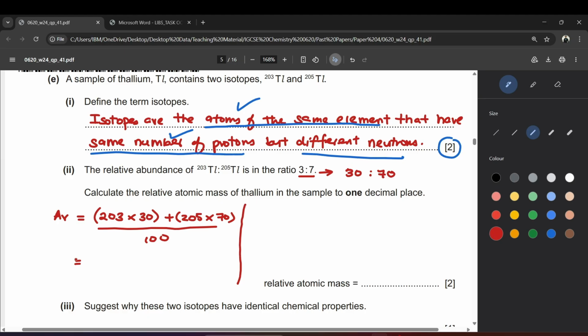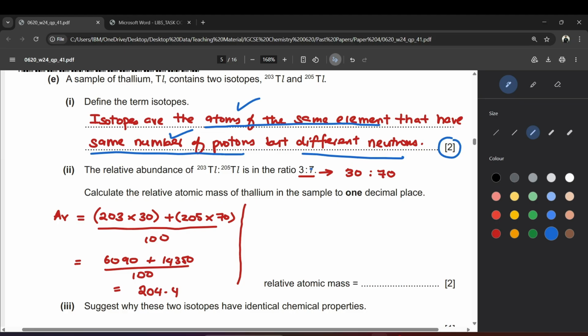We have 203 times 30, that will be 6090, plus 205 into 70, that will be 14350, upon 100. So when you add them and divide by 100, you would get 204.4. So this is the usual method that you can do.